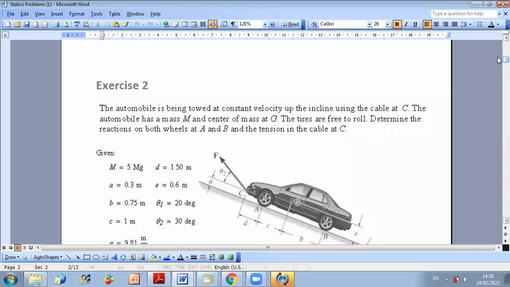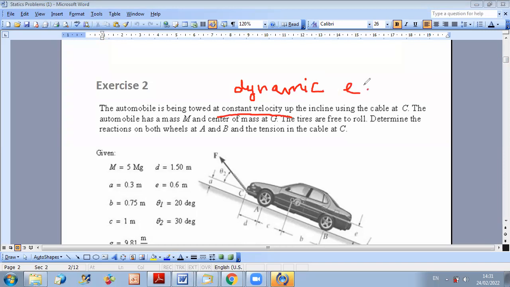So in this example, you have several forces acting on your car, and they told you that it is moving at constant velocity. So this is what we call dynamic equilibrium. So we have motion. This is why we say it's dynamic, but we don't have acceleration.